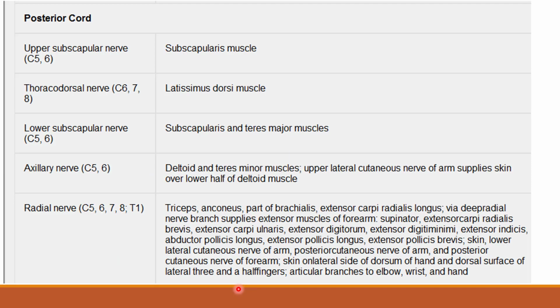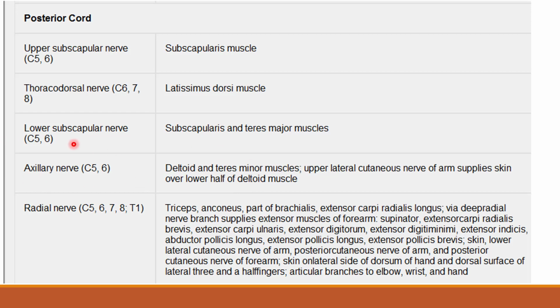It will join with the medial root of the median nerve to form the median nerve, which will supply many muscles. Then the branches from the posterior cord: the upper subscapular nerve will supply the subscapularis muscle. Then the thoracodorsal nerve, which supplies the latissimus dorsi muscle, and the lower subscapular will supply the subscapularis and the teres major muscle. The axillary nerve will supply 2 muscles, which are the deltoid and teres minor muscle. And it will give the upper lateral cutaneous nerve of the arm, which supplies the skin over the lateral lower half of the deltoid muscle.